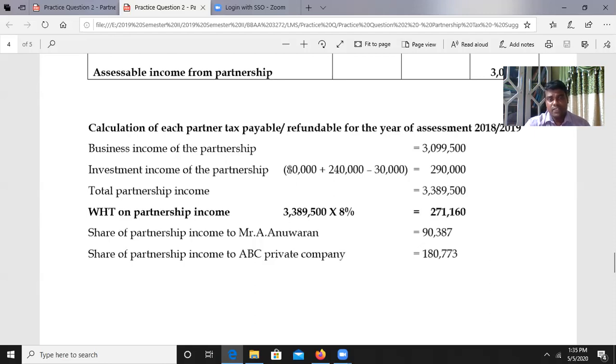But in the case of dividend, which is net, such net dividend cannot be included because that is final. So you don't need to pay tax again on that dividend because you already paid tax. That's why you received the net amount. So gross interest should be included plus rent income, which is 240,000.